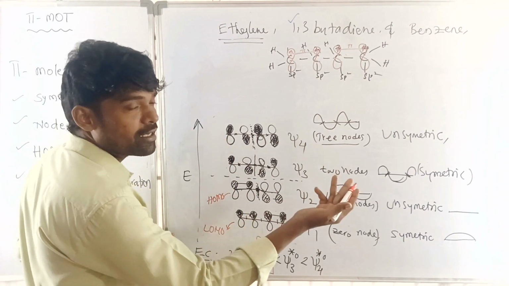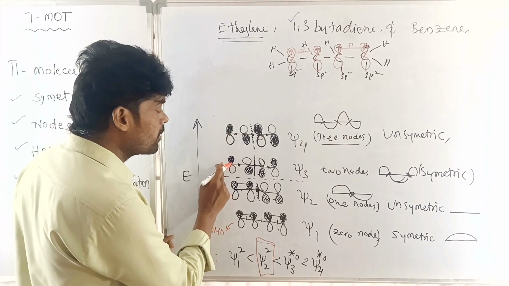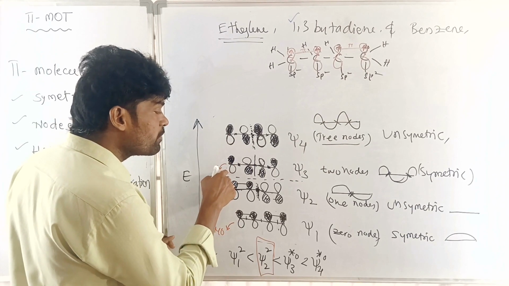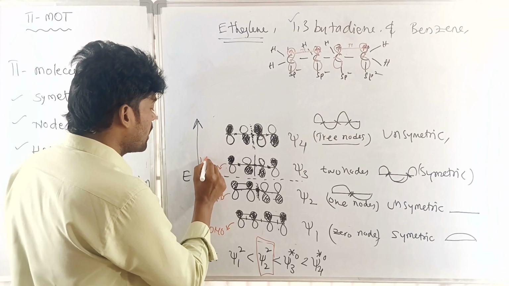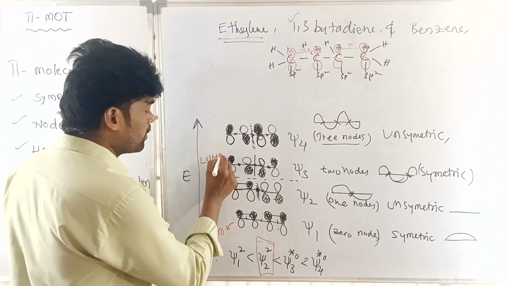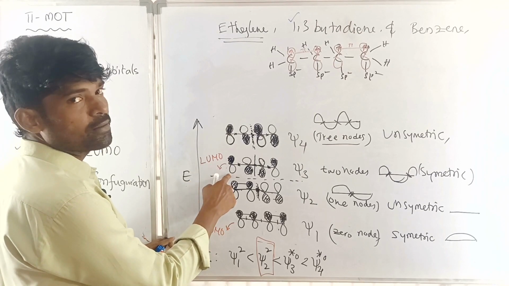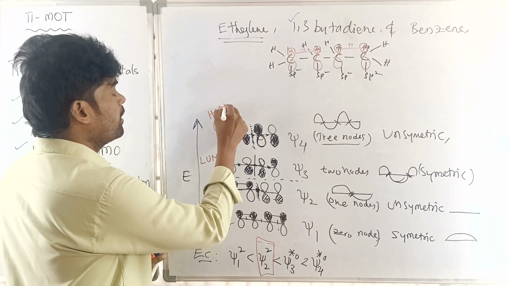Psi 4, no electrons are there. That means unoccupied. These two are unoccupied. In this unoccupied case, this is the lower energy unoccupied, so the lowest unoccupied molecular orbital. This one is the highest unoccupied molecular orbital.